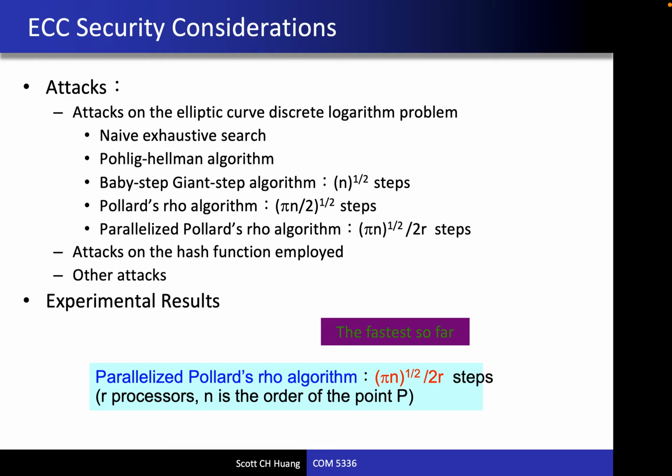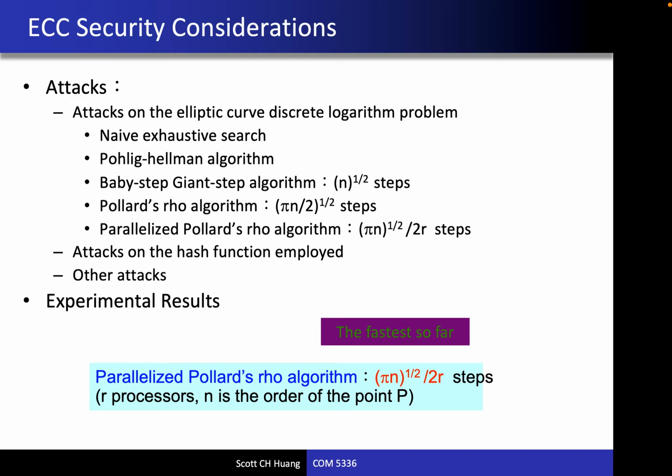The main reason why we use elliptic curve is that people are not very familiar with this type of group. So there are very limited attacks. None of them poses a real threat to the elliptic curve crypto system.